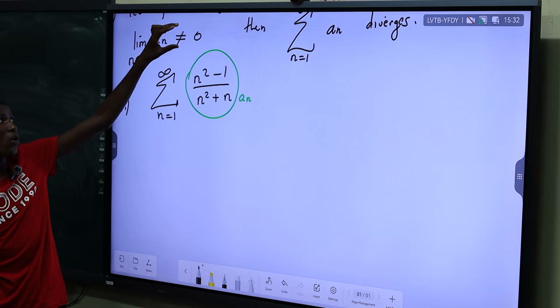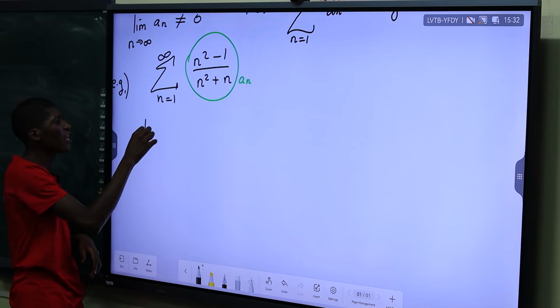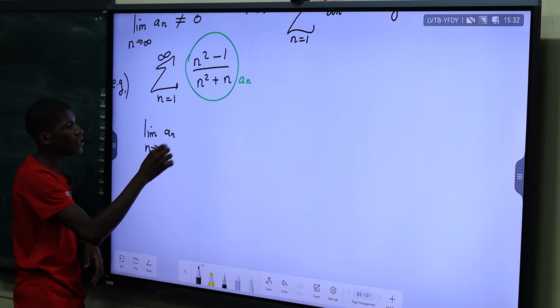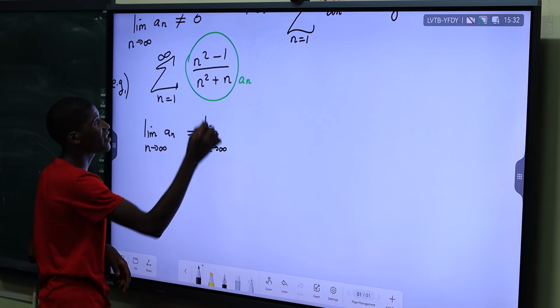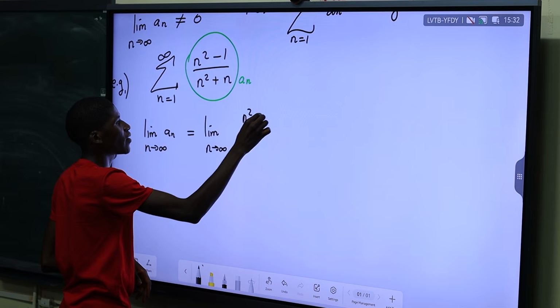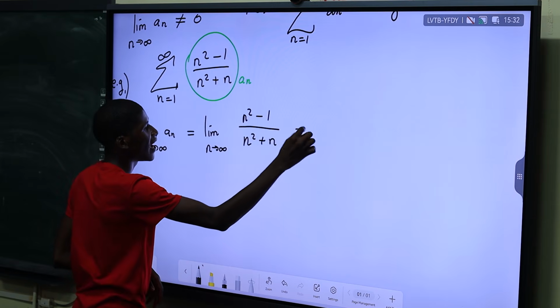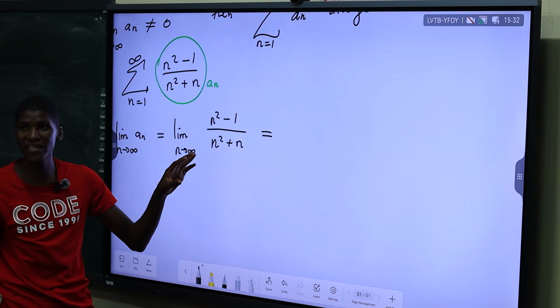Is it 0 or is it a non-zero number? So if you do the limit of An as n goes to infinity, this will be the limit as n goes to infinity of n squared minus 1 over n squared plus n. In a sense, how do we evaluate this limit?